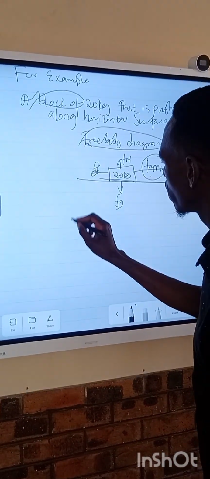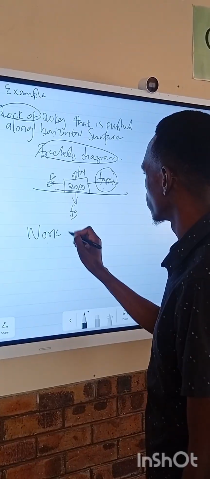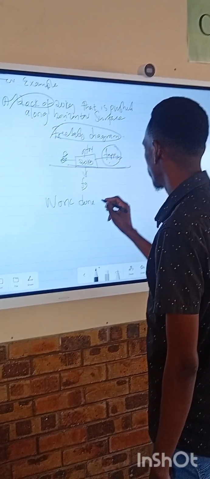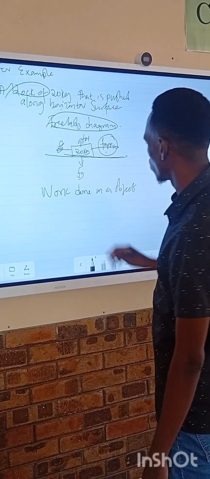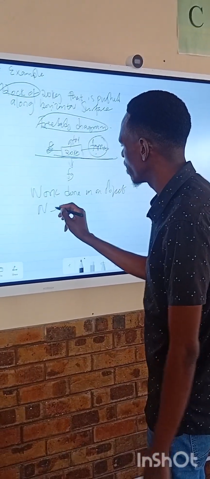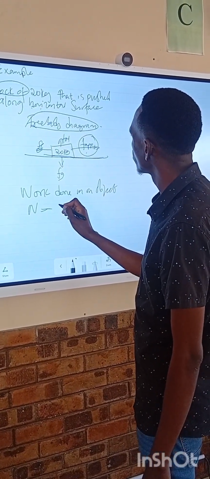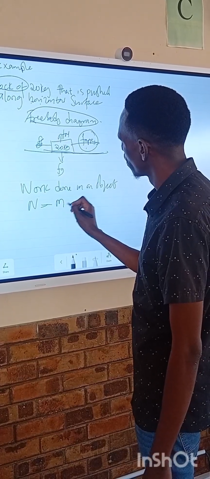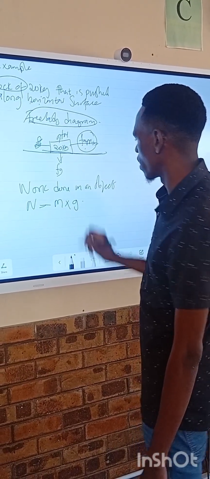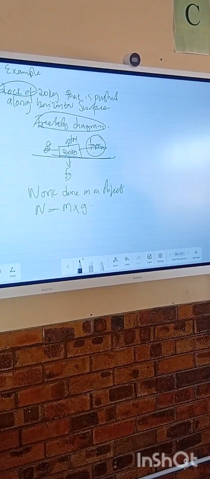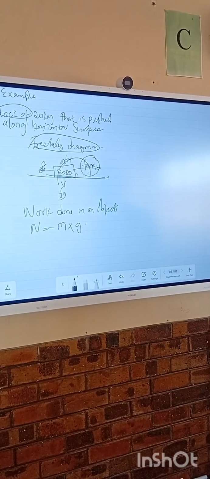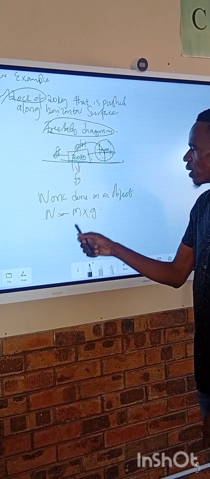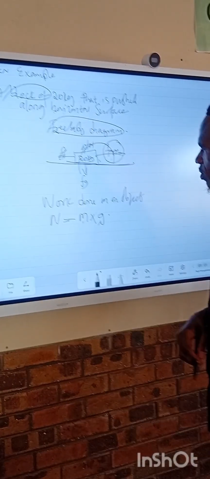We need to calculate the work done on the object. It is calculated by this formula, where we have our mass times gravity, which is the one we are given from that diagram. So our work done is equivalent to the mass times the force of gravity.